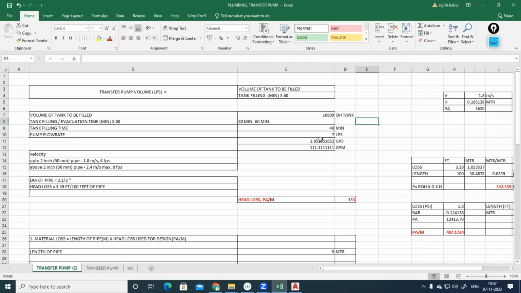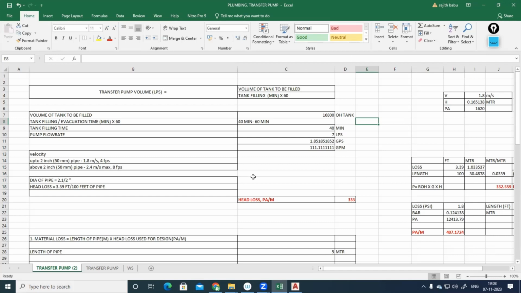People will be taking 60 liter of water within 60 minutes, so the transfer pump should fill the water at a higher rate, right? Otherwise, the tank volume will be decreasing soon. That's why for tank filling time, 40 to 60 minutes you can consider. As an average, you can select 40 minutes for tank filling.